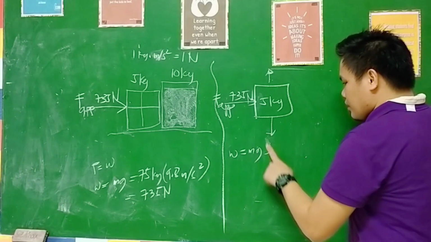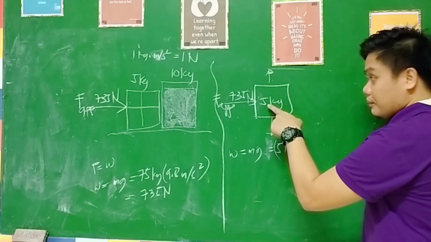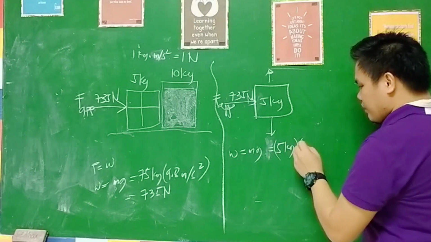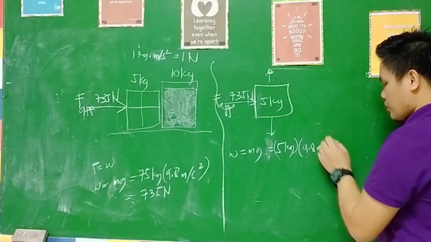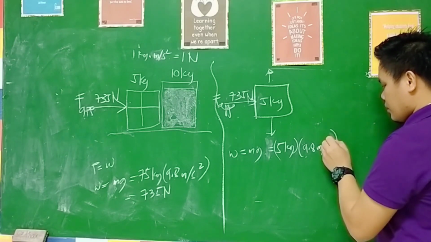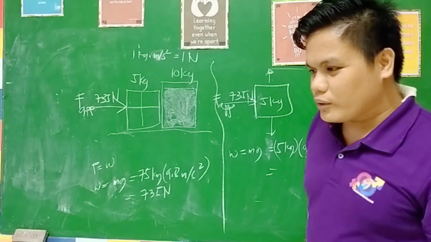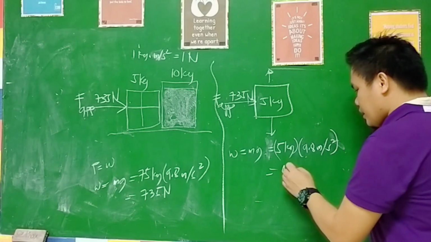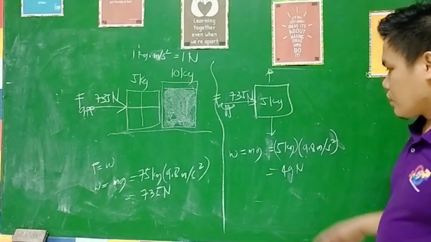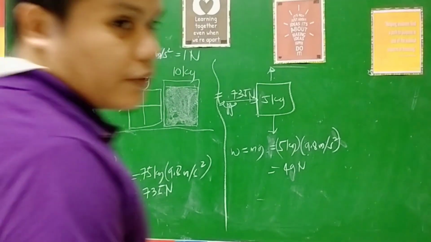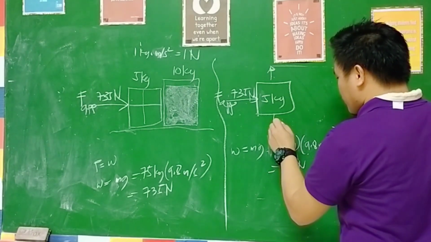So that is 5 kilogram times acceleration due to gravity, 9.8 meters per second squared. And that is equal to 49 newtons. Therefore, your weight force is 49 newtons.